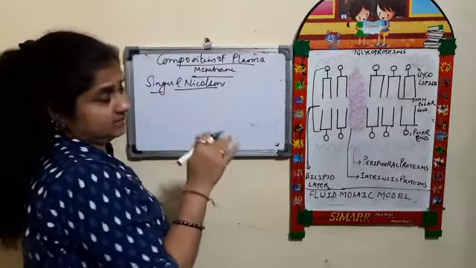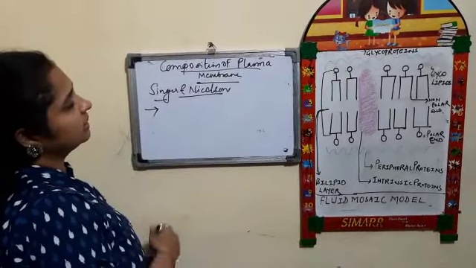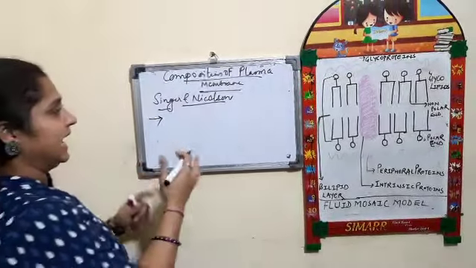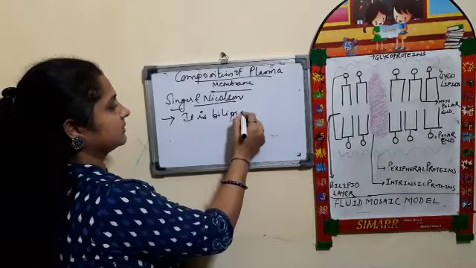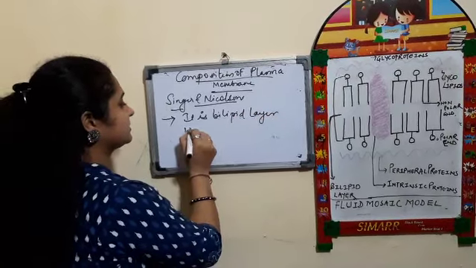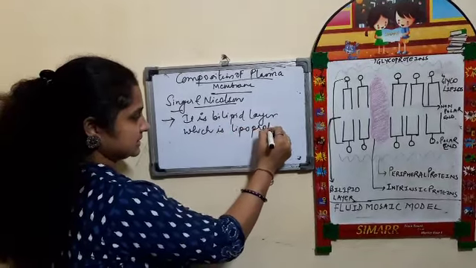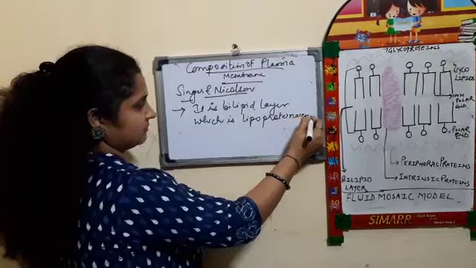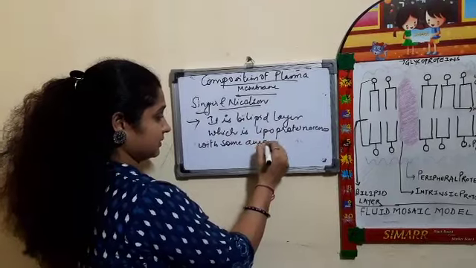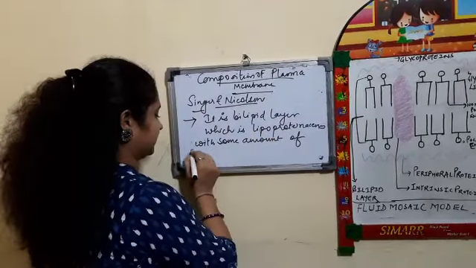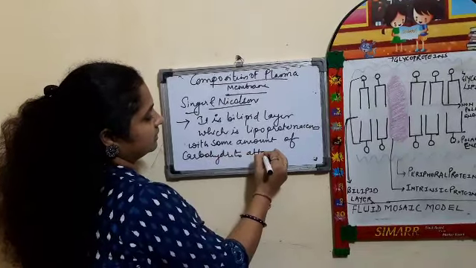So what was it telling about the plasma membrane? It explained that it is a bilipid layer which is lipoproteinaceous, with some amount of carbohydrates attached to it.